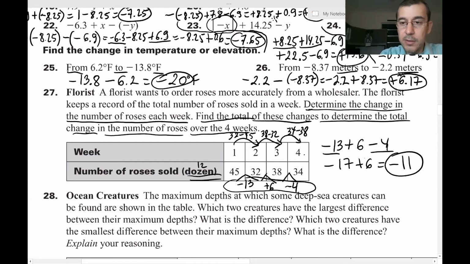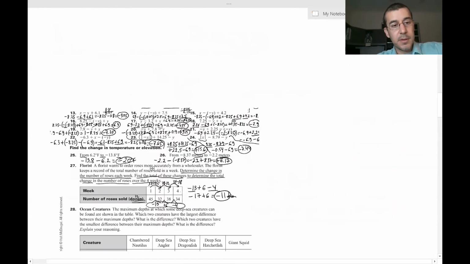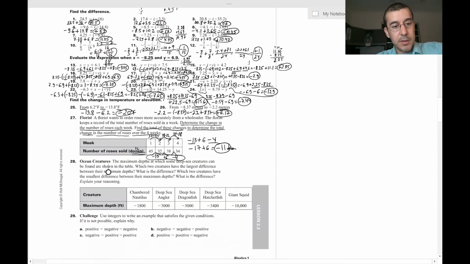So that's the answer. The total change in the number of roses over the 4 weeks is minus 11 dozen, right? This is all dozen. Minus 11 dozen of roses. This is minus 13 dozen. This is plus 6 dozen. This is minus 4 dozen. Number 28.